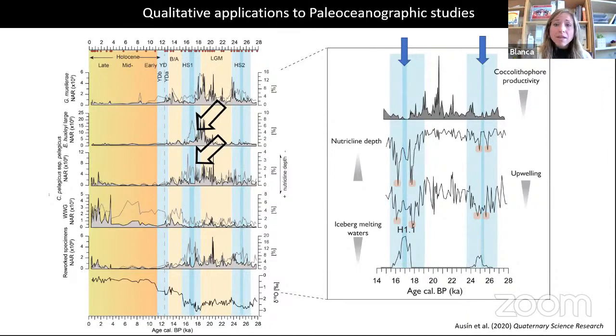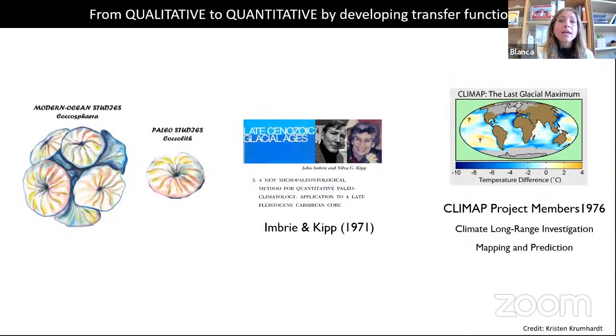So in sum, coccolithophore assemblages are really sensitive to changes in the environment in which they flourish, and thus nannofossil records are excellent recorders of rapid changes in past environmental conditions. However, there are some assumptions we make in qualitative studies that may introduce important inaccuracies in our interpretations.